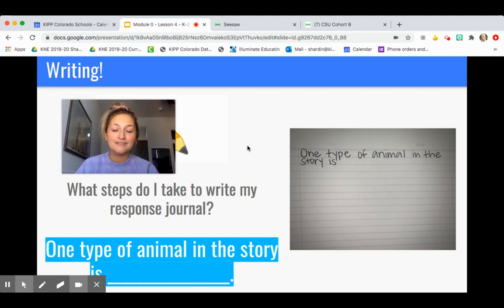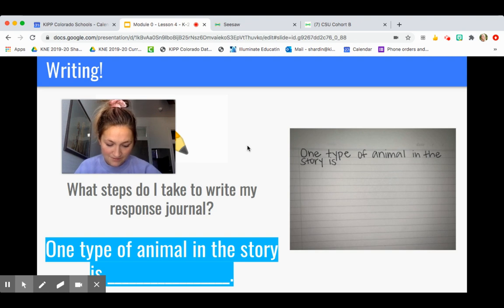Now that I have my sentence stem written down, one type of animal in the story is, I'm going to do my best to sound out loud the animal that I want to share. So I know I wanted to write about pandas. Pandas. Okay, so I know that starts with a P. That's an A. Pandas.